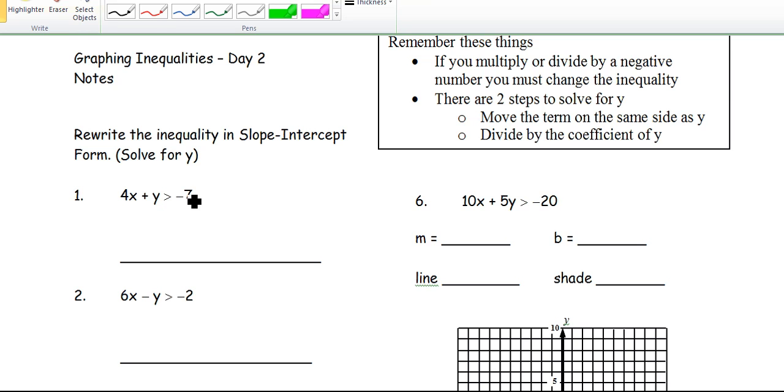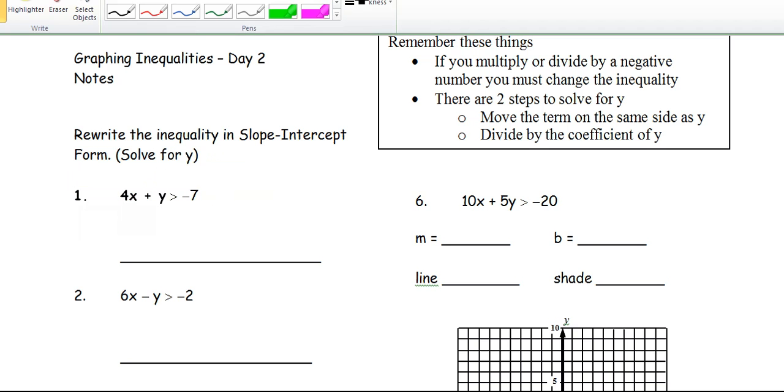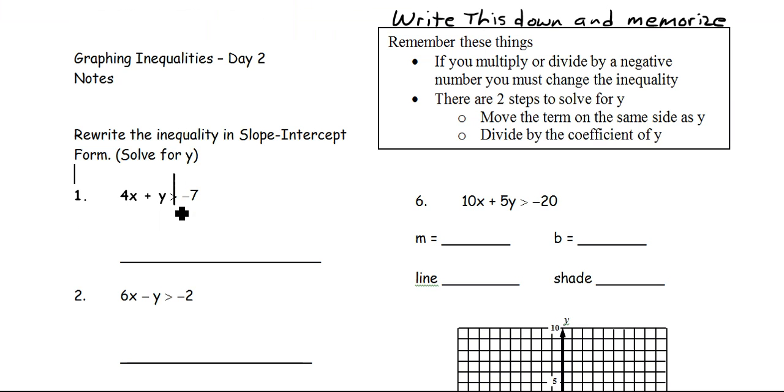And what we're going to do on number one is we're going to solve for y. Okay? So first step, oh, I'm sorry, I shouldn't have done it that way. The first step is to draw my line down through the inequality sign and treat it much like I would treat an equal sign.